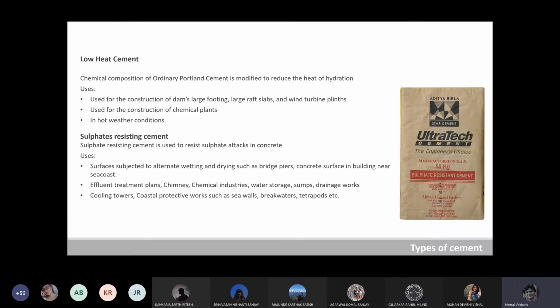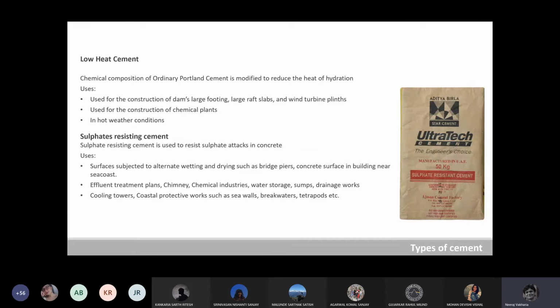Due to the lower percentage of tricalcium aluminate, the production of calcium sulfoaluminate gets reduced, which doesn't react with sulfate. In turn, it helps us in these conditions. For construction in contact with soil or groundwater having more than 0.2 or 0.3 percent sulfate salts respectively, we use this cement.